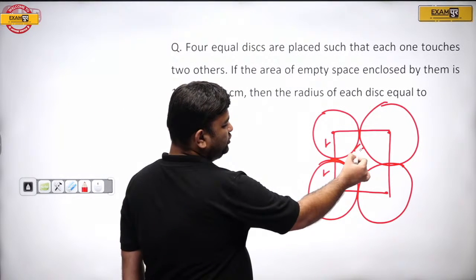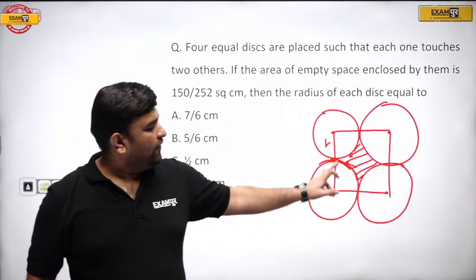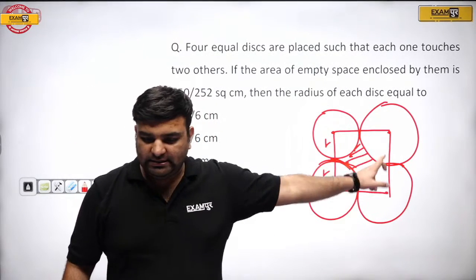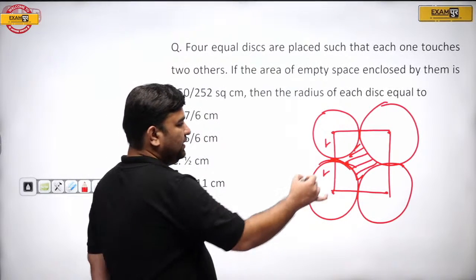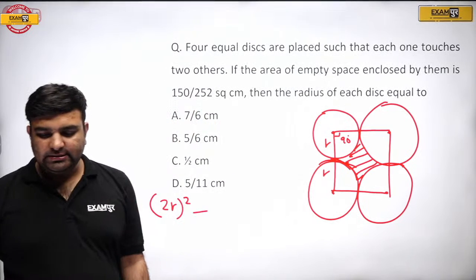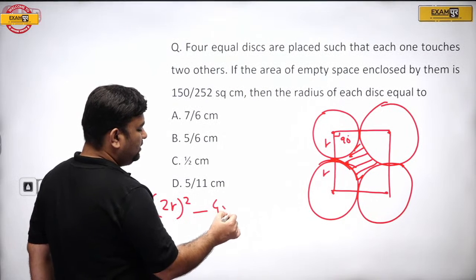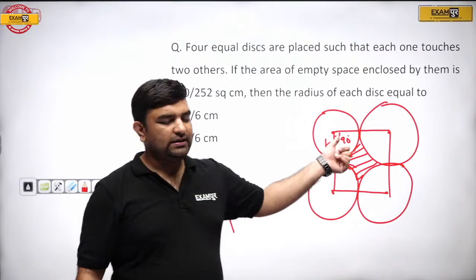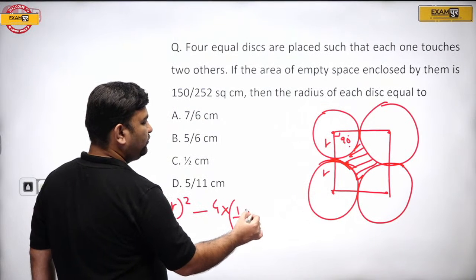This area is given to you. You have to subtract these four parts to get to this area. This is a quadrant of 90 degrees, so every quadrant is 90 by 360, that is 1 by 4 pi r square.